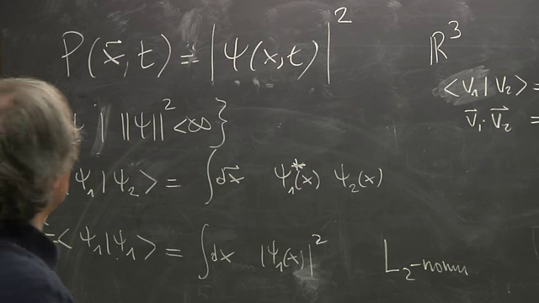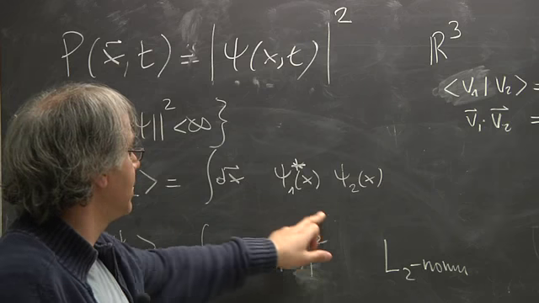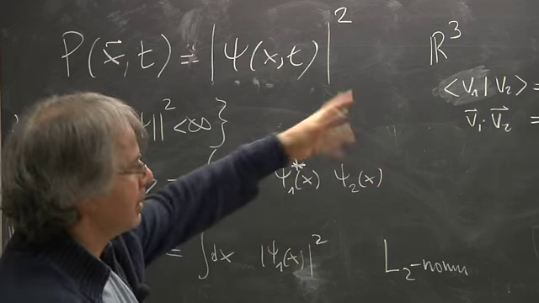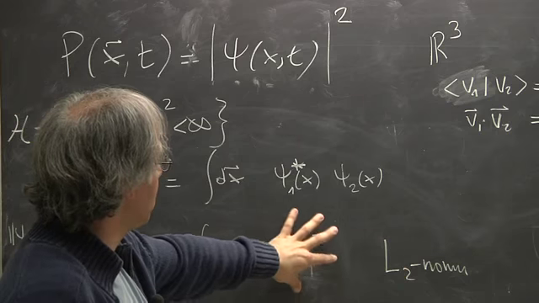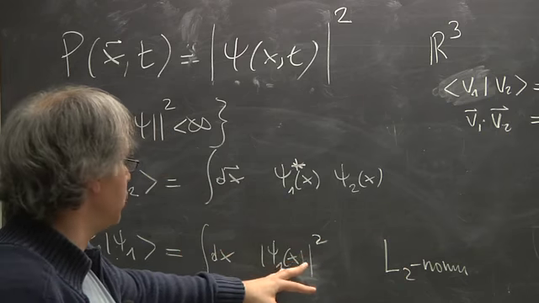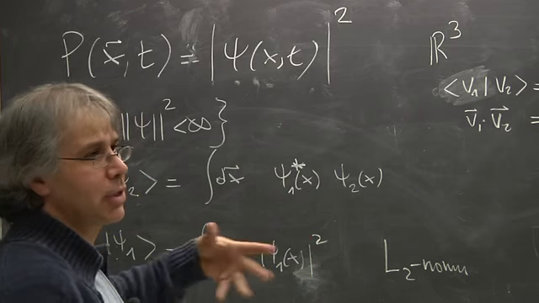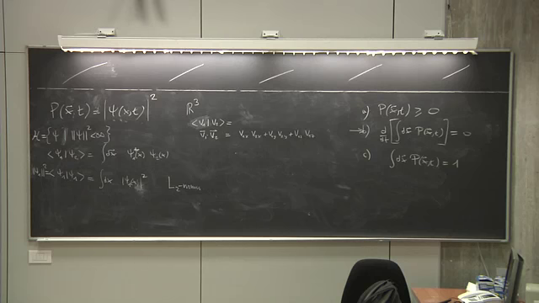This is a very reasonable thing. After all, in retrospect, from what we are going to show in a while, this integral is the probability of finding the particle in this function psi1, and obviously you want to have things that are finite objects.